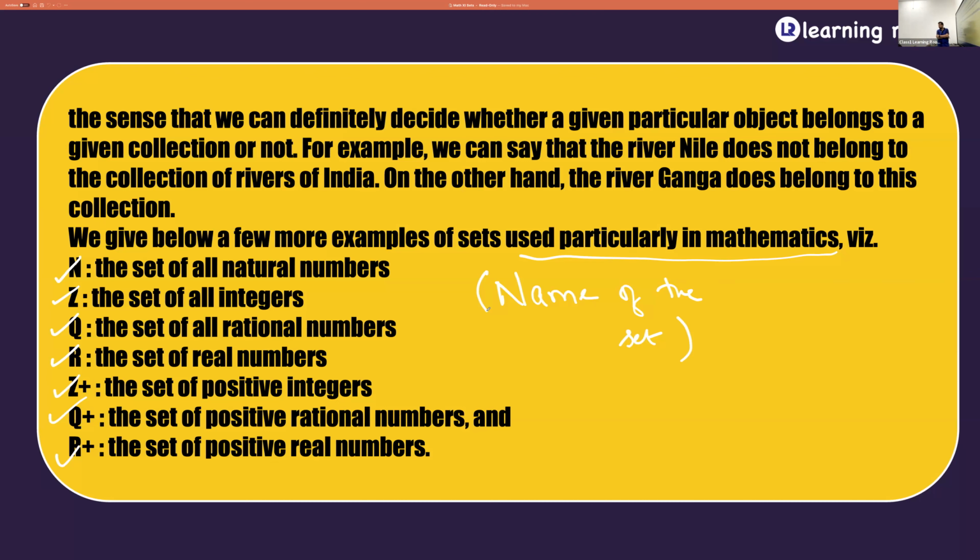But generally, we take it in the lowercase. That is how it is noted. You write it. For trigonometry, you will write small t, small r, small i. But the name of the set will be capital.